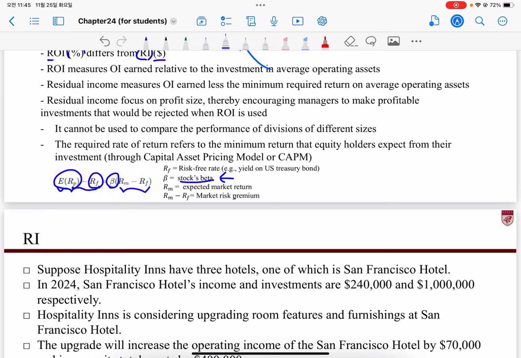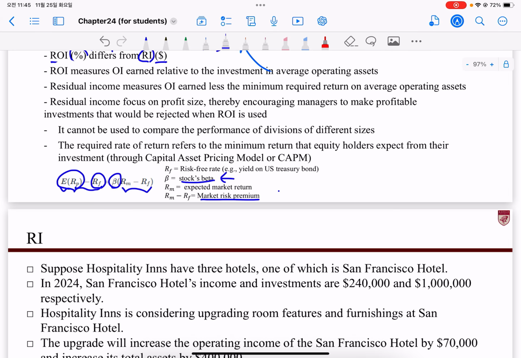Like, let's say if the market return goes up by 1% and your beta is 7%, then your portfolio return, your company return, will also be expected to increase by 7%.